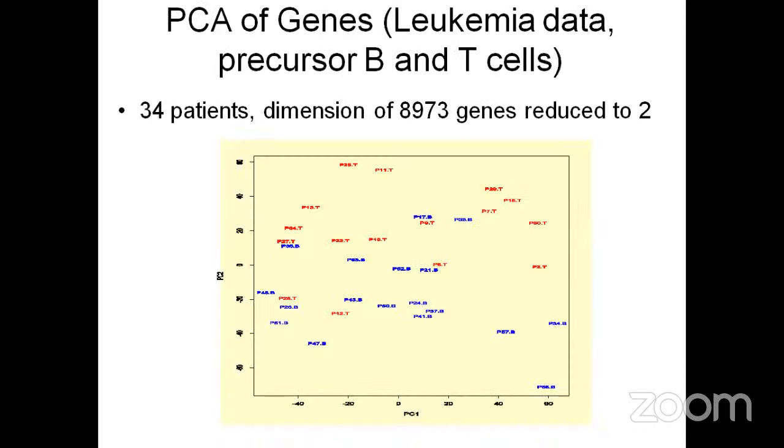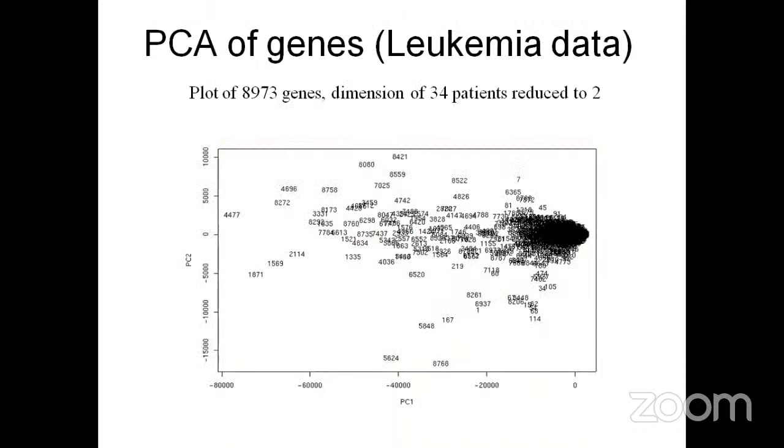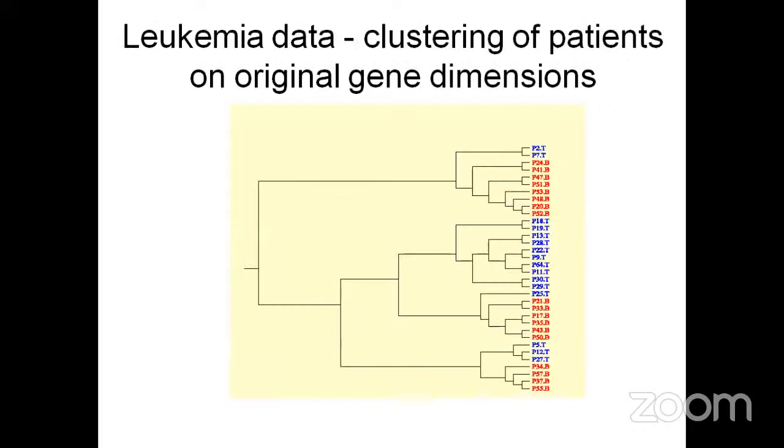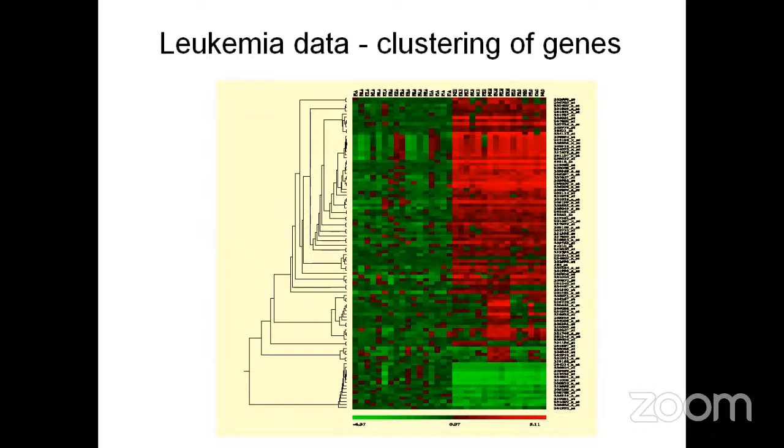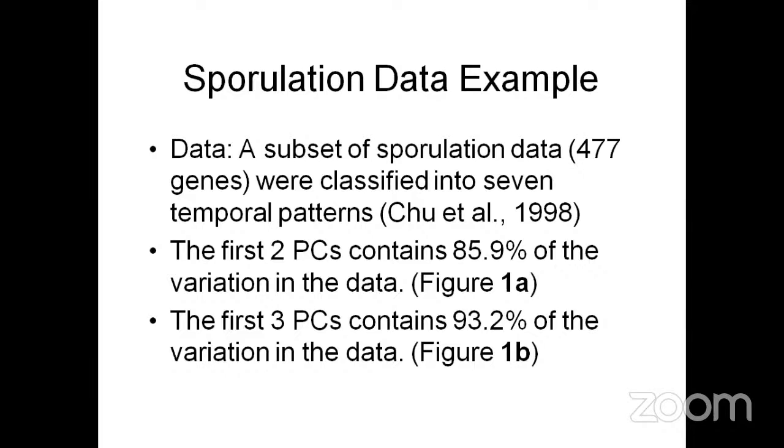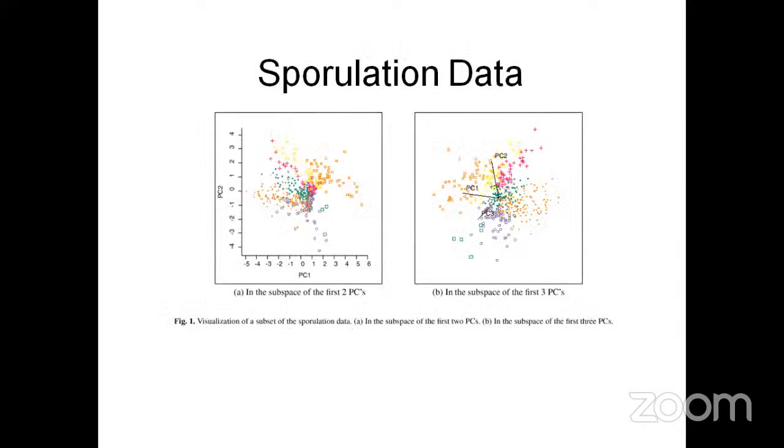Applications: you can see how the data are separated in the 34 patient dimensions, with 8,973 genes reduced to 2. So you can see how the clustering is happening here. PC of the genes in leukemia. This is one type. In the heat map also, you have seen, that is in the phylogeny, how the particular gene components are clustered together. Okay, this is again a heat map and how the phylogeny is happening here.